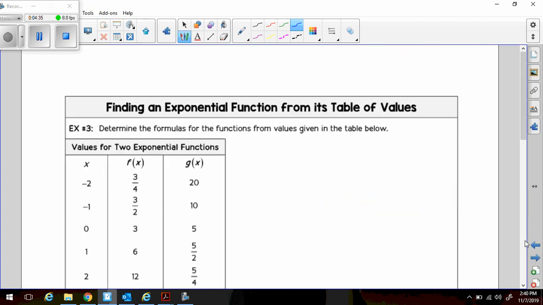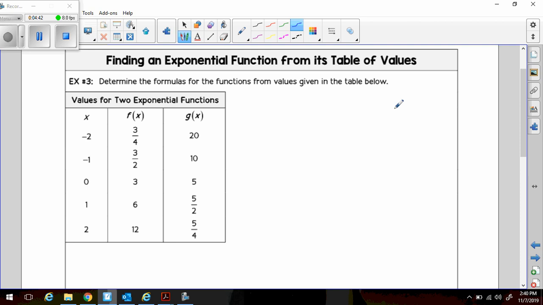Go ahead and flip your page over. It says finding the exponential function form in its table of values. So determine the formulas for the function from values given in the table below. Values for 2 exponential functions. We have f of x is this one, g of x is this one. When we plug in x at -2, we get this. When we plug in -1, we get this. To go from this to this, we're actually multiplying it by 2. 3/4 times 2 is 3/2.